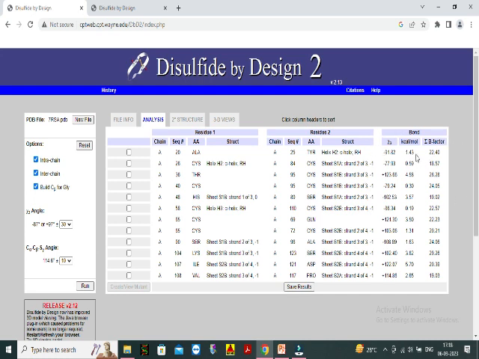That means the chi value, kilocalorie bond energy and beta factor, all these three are the properties of the disulfide bond.